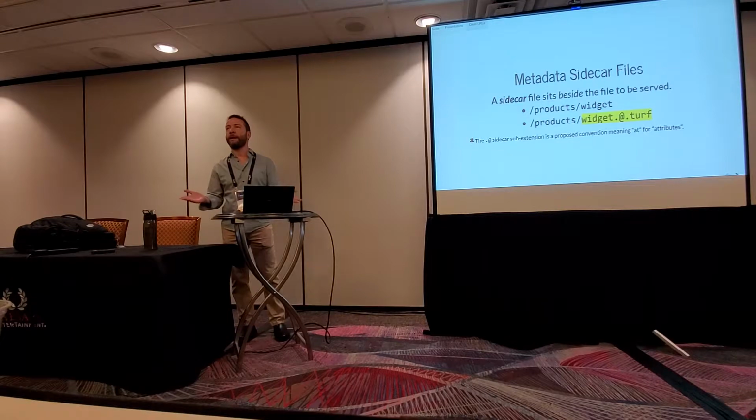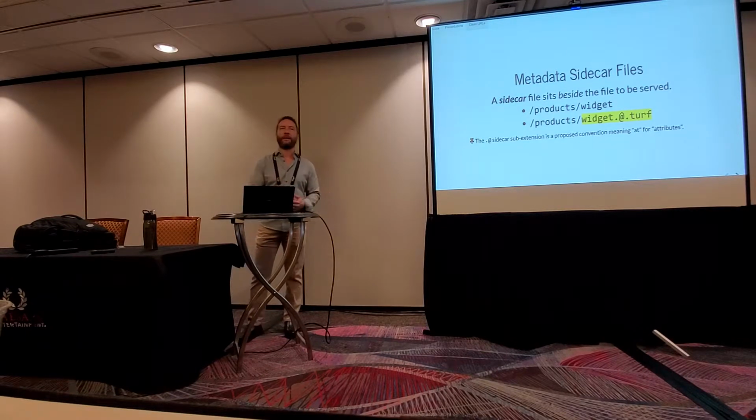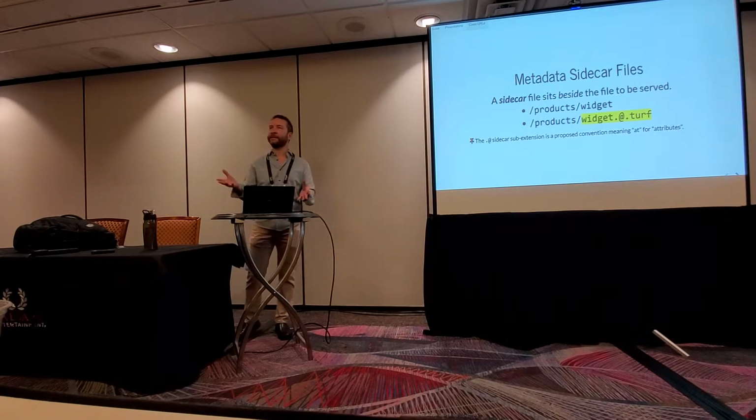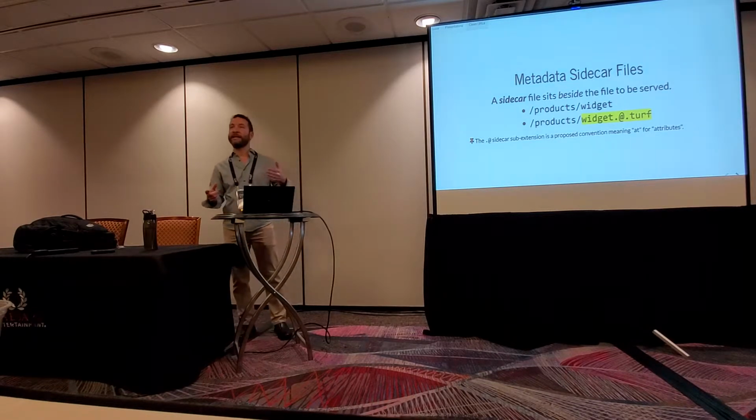A sidecar file, if you've used something like a raw photography editing workflow, such as Adobe Lightroom, rather than editing the original image file, they would store the metadata in a similar file sitting next to it, with a different extension. And that's what we're going to do here. We're going to put metadata about the file sitting beside the file that we served.